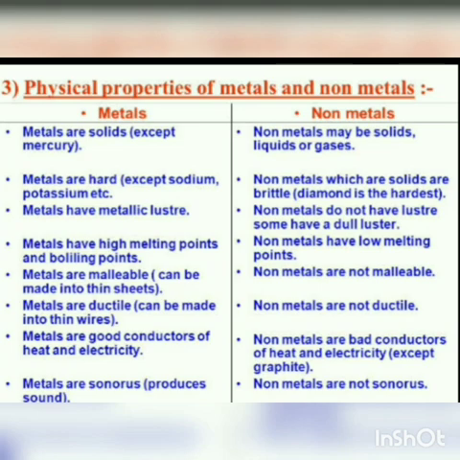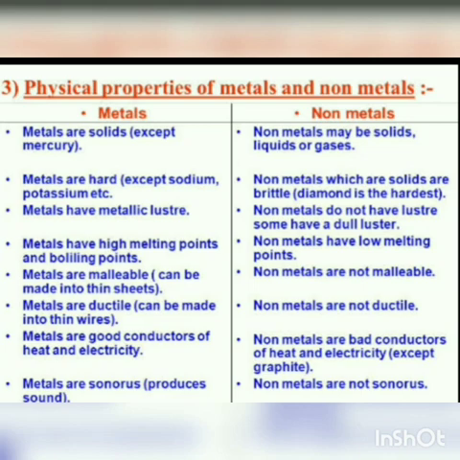Metals are hard, except sodium and potassium, which can be cut with a knife. Non-metals that are solid are brittle in nature, meaning easily broken. Metals have metallic luster. Non-metals are dull in nature. Metals have high melting and boiling points. Non-metals have low melting and boiling points.